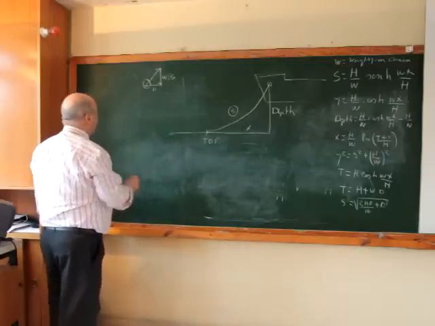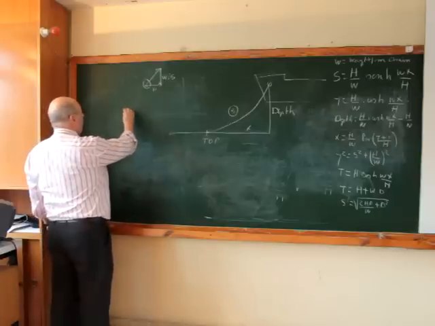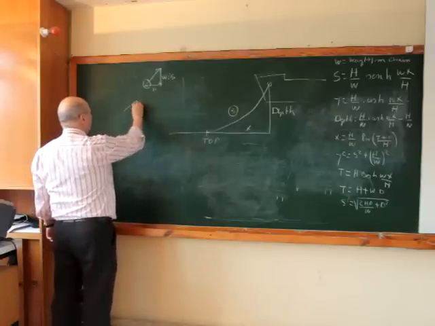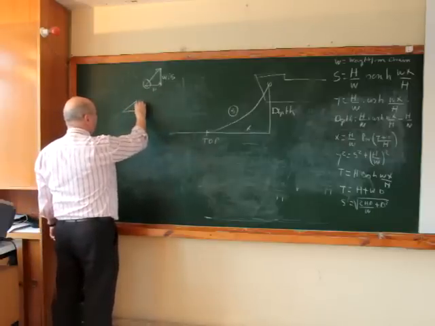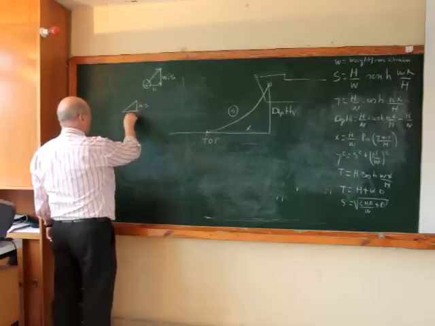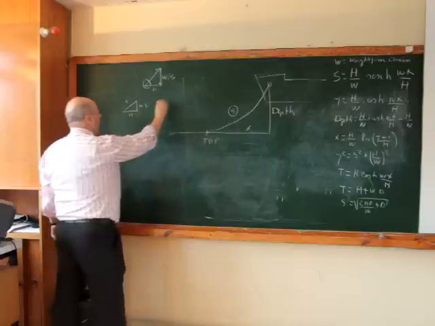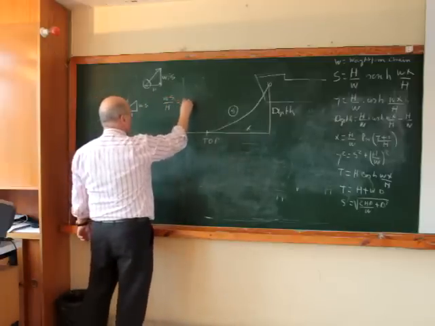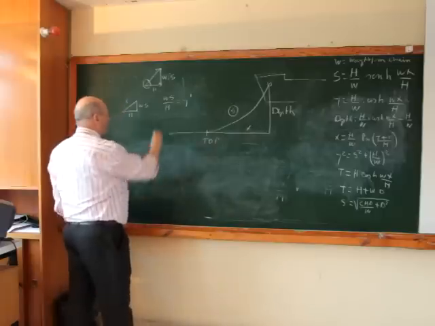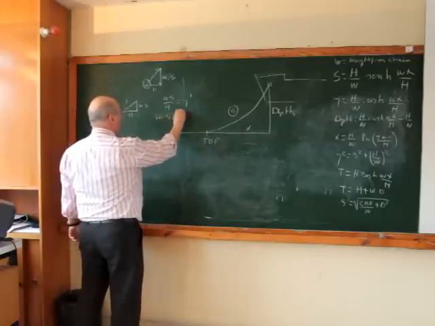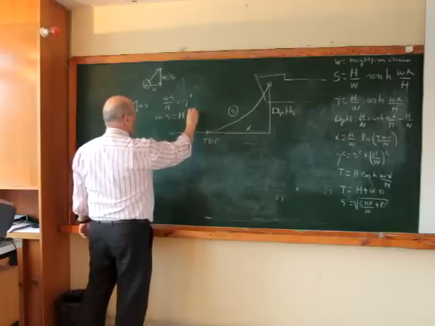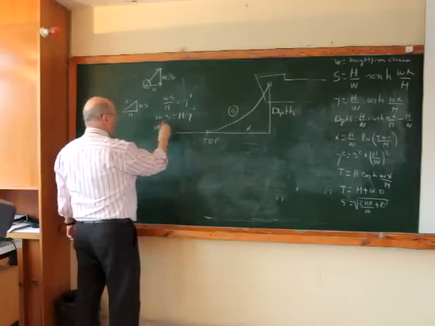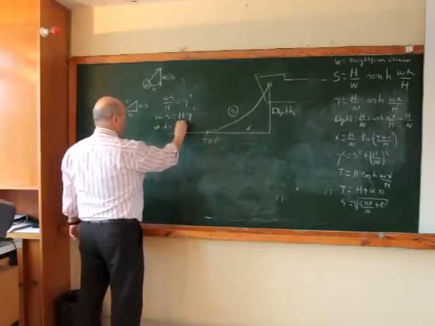On this triangle, W by S divided by H will be the first derivative. So W by S will be H by the first derivative, so differentiating both sides, we will get this.